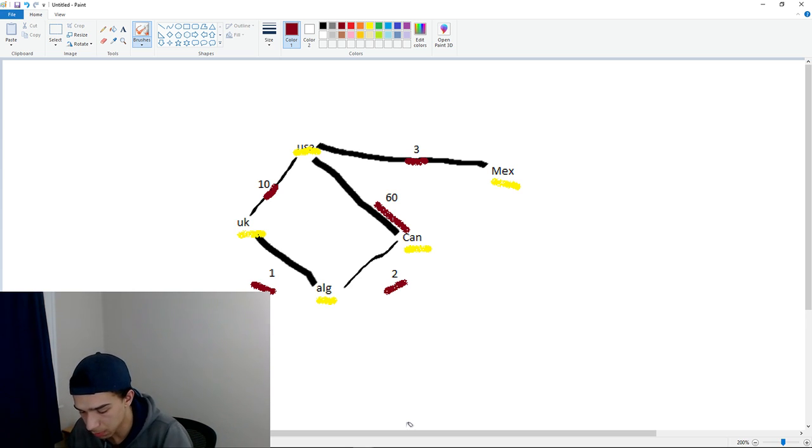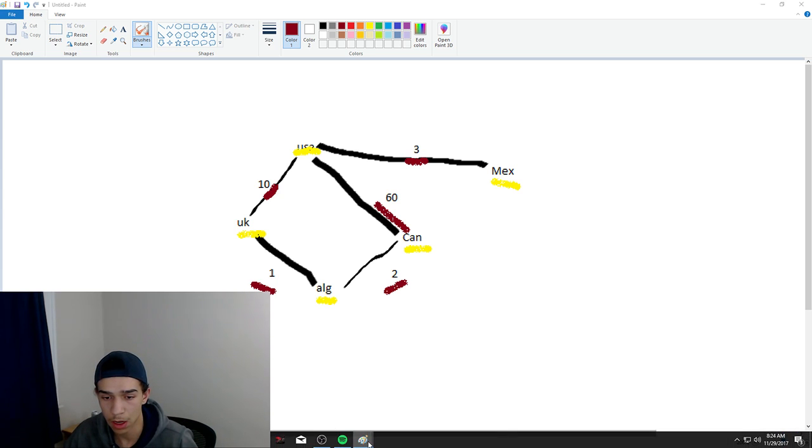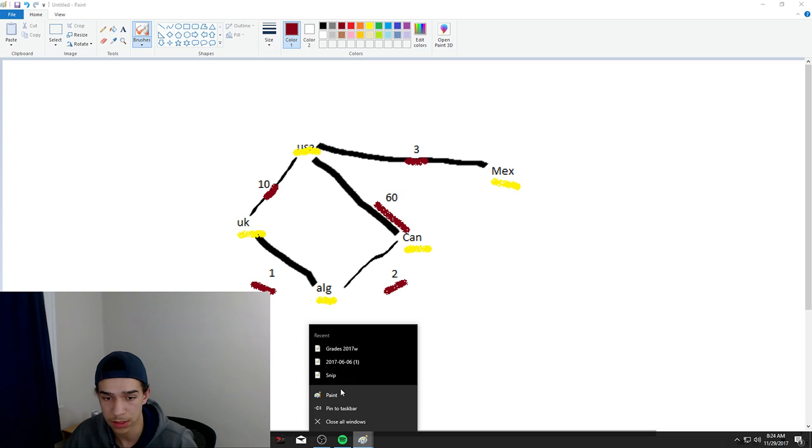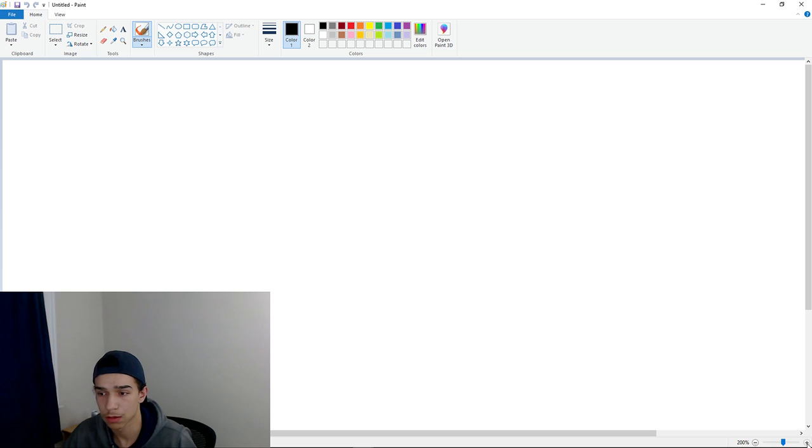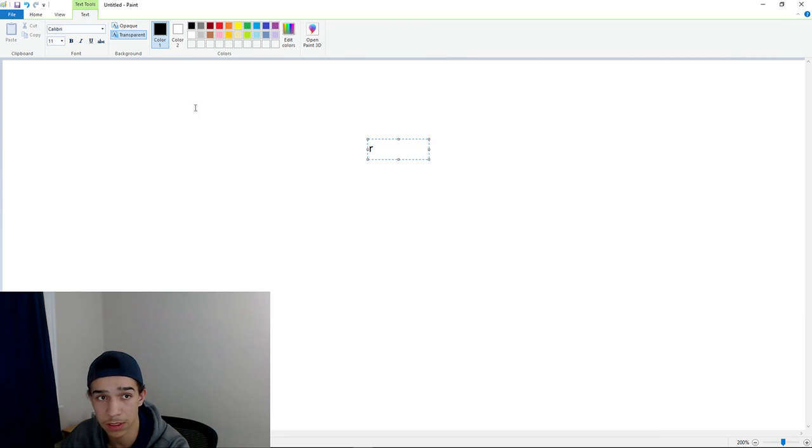The next problem that we are going to do is to identify a cycle in the following graph and determine its length. So a cycle is having it go from one vertice to the next vertice, and I will be able to show you this in Paint here, so give me one second to pull that up. This is what it looks like in the book, and I need to type these in here real quick.